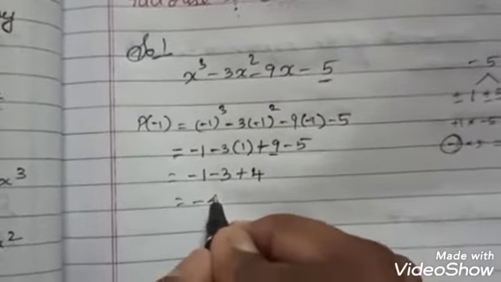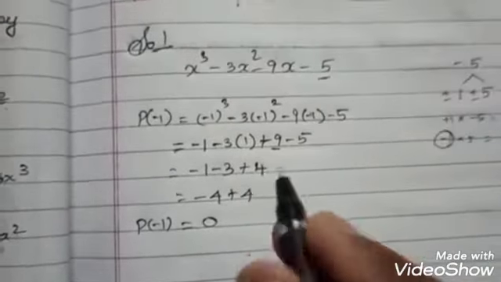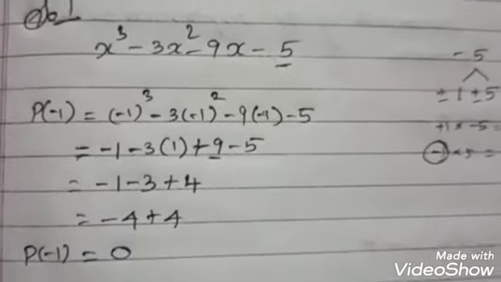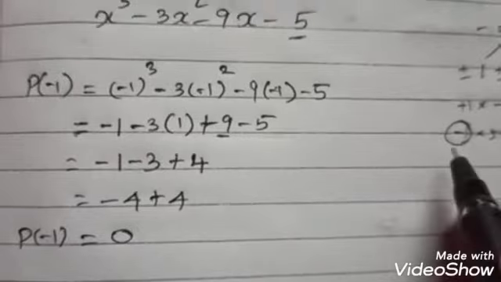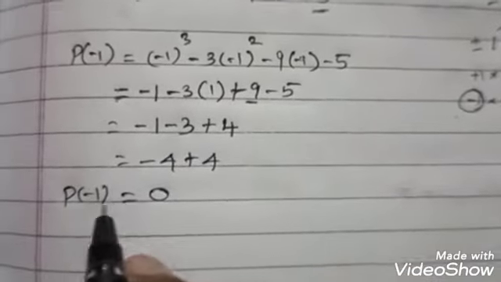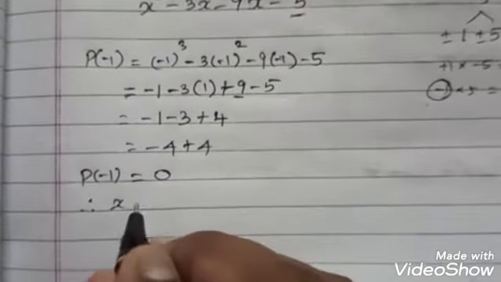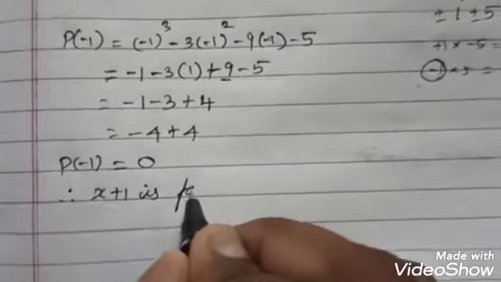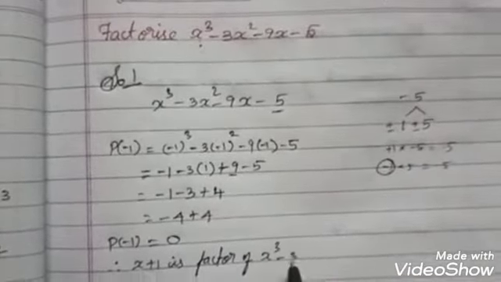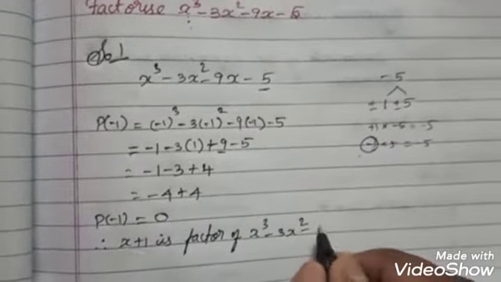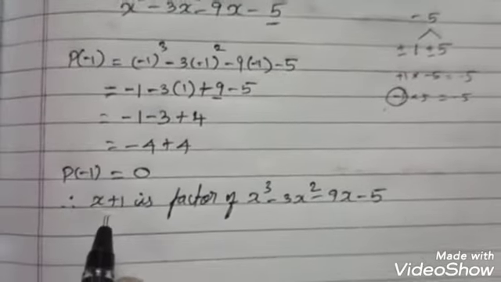Here minus 4 plus 4, P of minus 1 is equal to 0. Already I told children, first you take minus 1, plus 1 means in most questions minus 1 is the zero. Because of that, in the first step we got P of minus 1 equal to 0. Therefore, x plus 1 is a factor of x cube minus 3x square minus 9x minus 5.